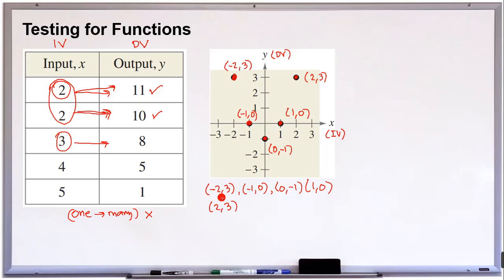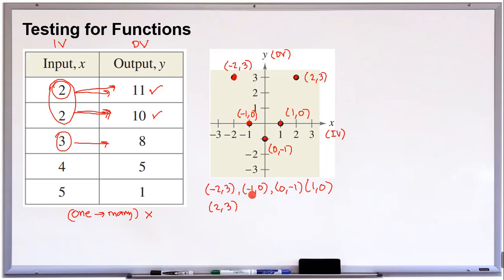If so, this is not a function. But if for a single value of x, we have a distinct value of y, we can call this a function. Or for two or more values of x, we have one value of y, still we can call this a function. But as you can observe, for -2, the y value is 3.